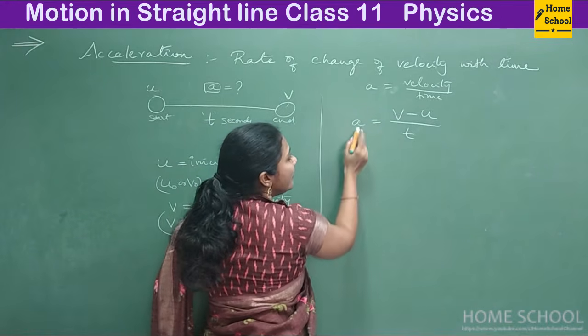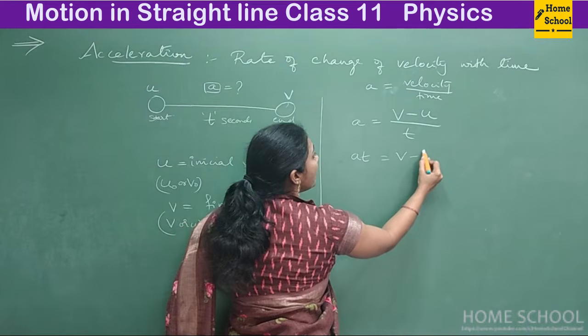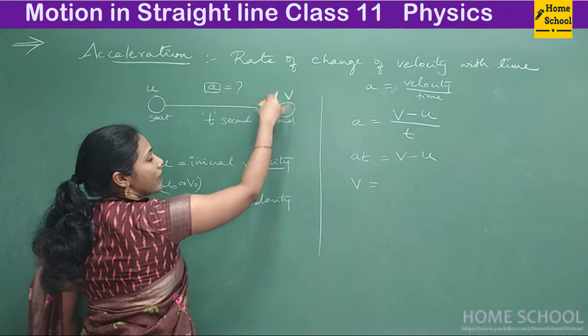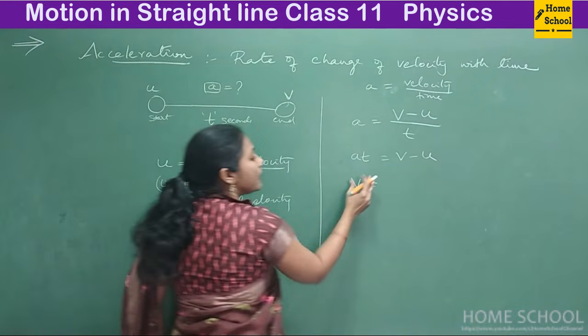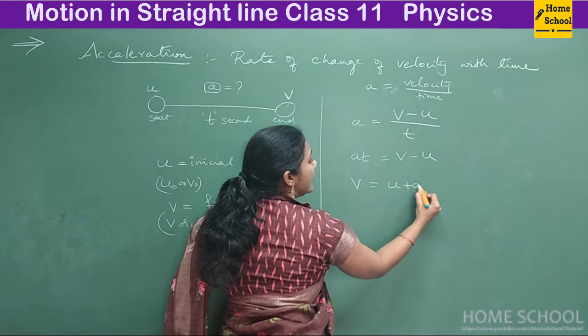One more equation I will derive from this. at is equal to v minus u. So if I have to calculate the final velocity of a ball, I can always calculate like this: v is equal to u plus at, right?